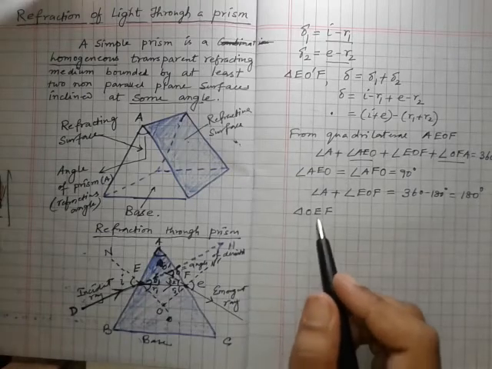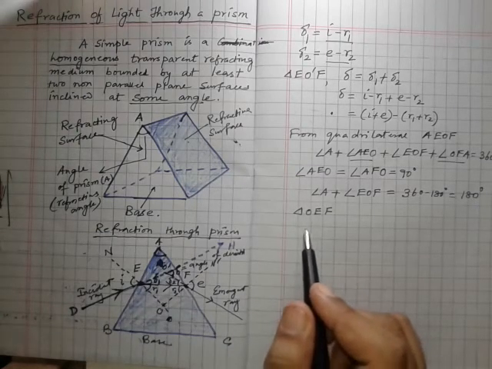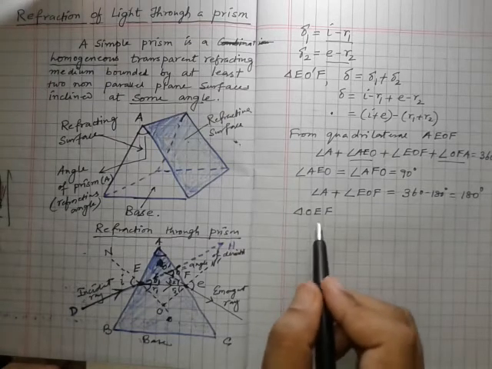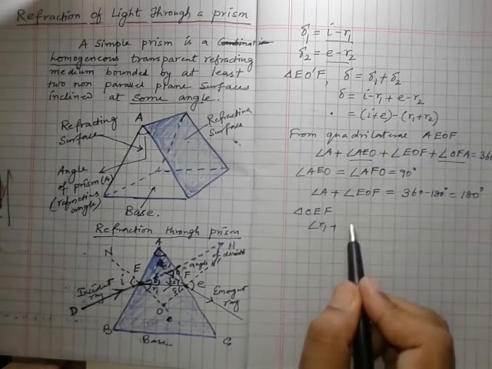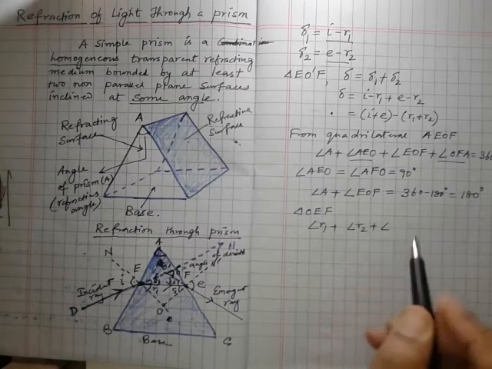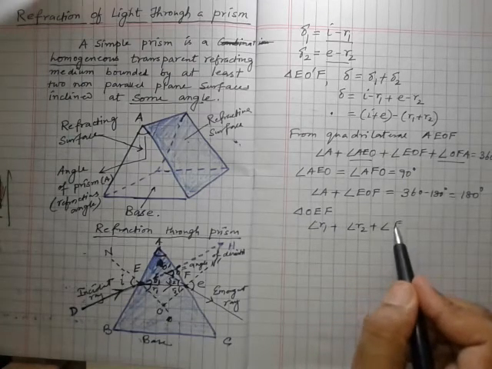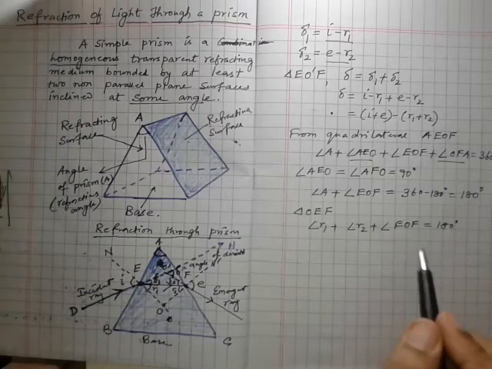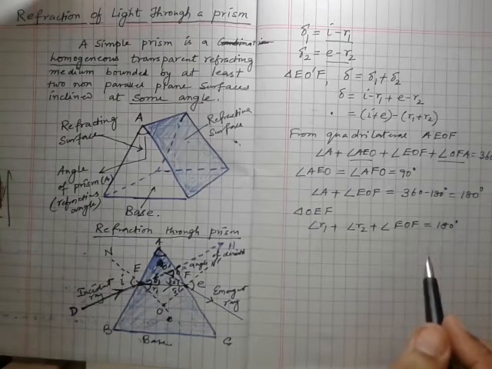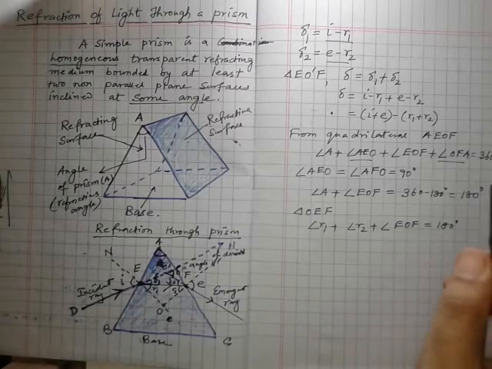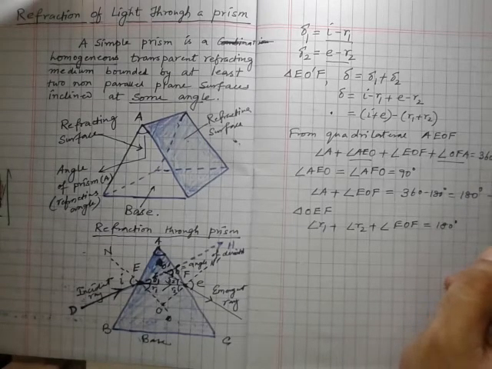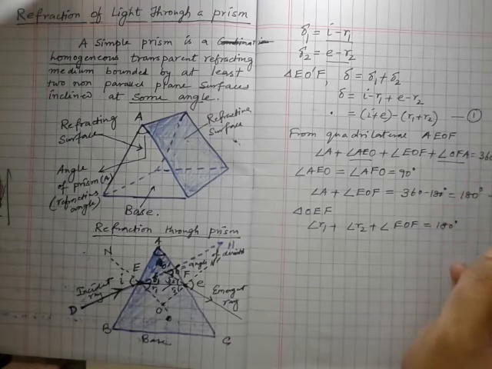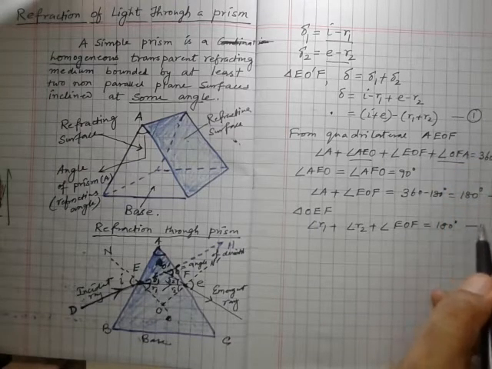So you can write angle R1 plus angle R2 plus angle EOF is equal to 180 degrees, because the three angles of a triangle sum to 180 degrees. You can give the names: this is equation number 1, this one you can give 2, and this one you can give 3.